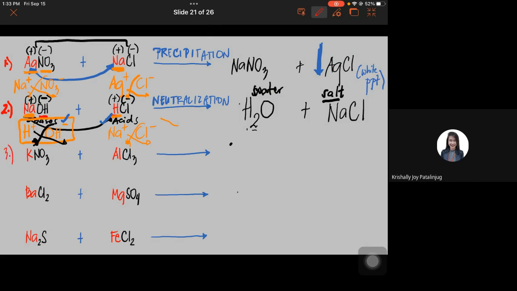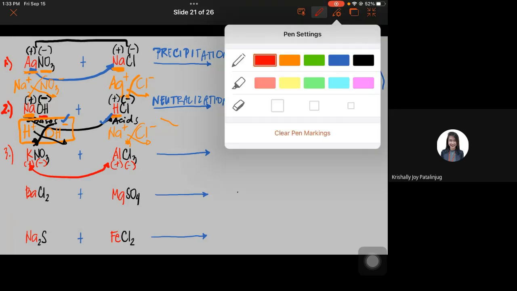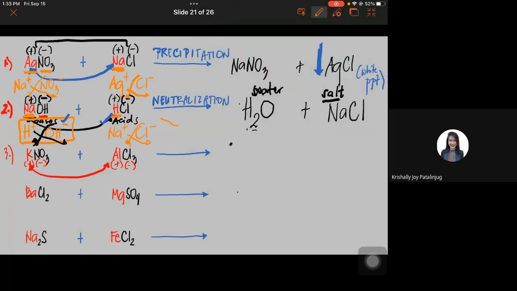Okay. So the third, again, you have cation, anion, you switch the position here of potassium and aluminum. Okay? So in replacement of potassium, aluminum na yung nandyan. And what's the ion form of aluminum?